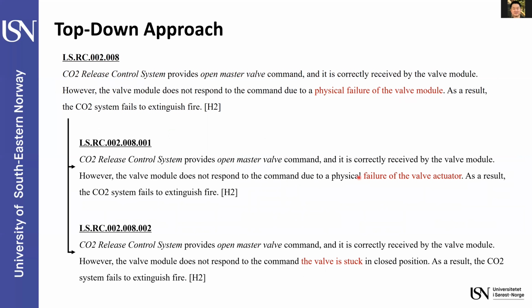And if we have more information inside this valve actuator, for instance, we may have an electric motor, an electric power supply, and a small control system, then of course we can define this loss scenario in more detail, like failure of the electric motor or failure of the power supply, and so on.